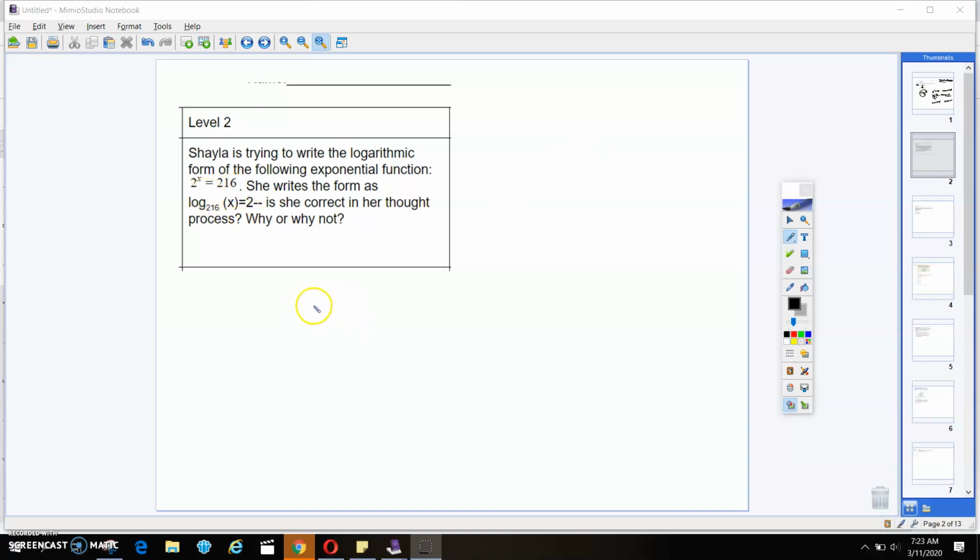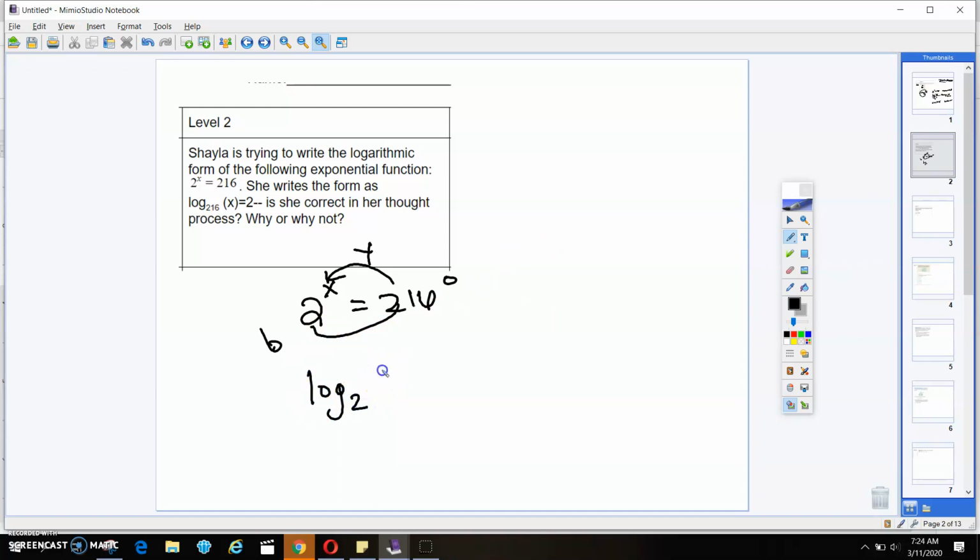So if I take 2 to the x equals 216, and I want to write this in log form, I'm going to use the circle of life, right? So I'm going to start at the base, go to the outside, finish at the exponent. Remember, boy, you better not get this wrong. So base, outside, exponent. Okay, so if I wrote this in the log form, I would say log of base 2 of 216 equals x.